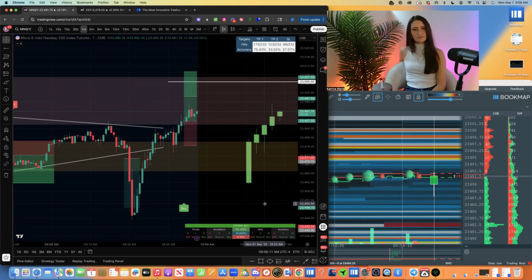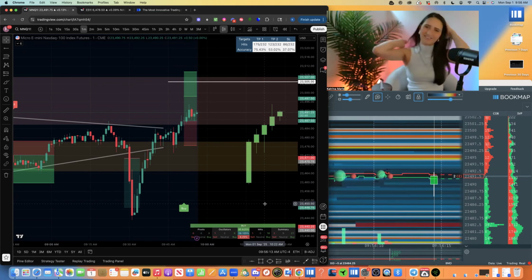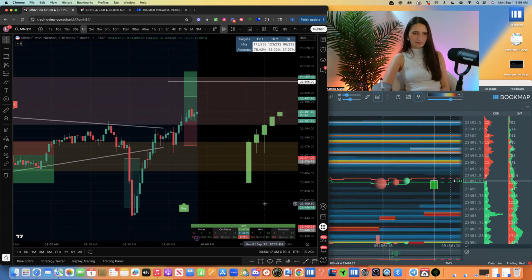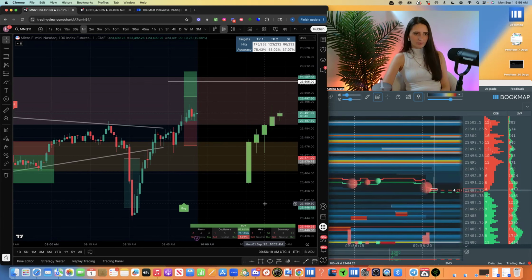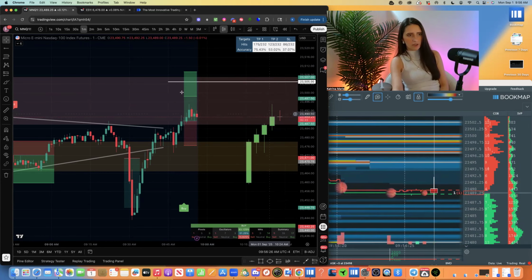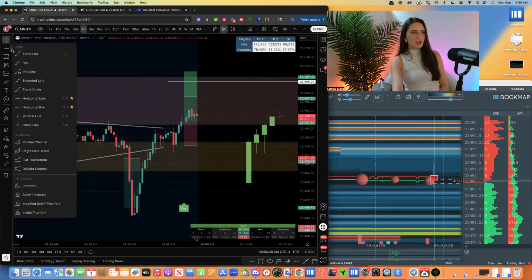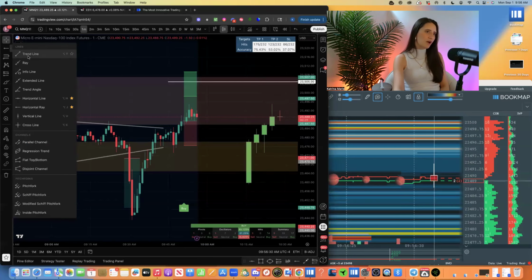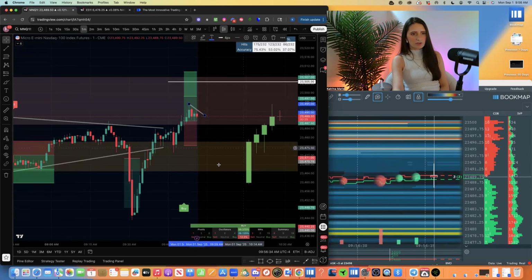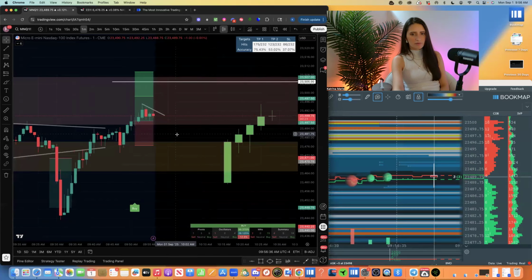Could have a pullback continuation back up here. This is another reason why looking at that 5-minute chart is awesome, because you can kind of dictate whether this is going to be valid.